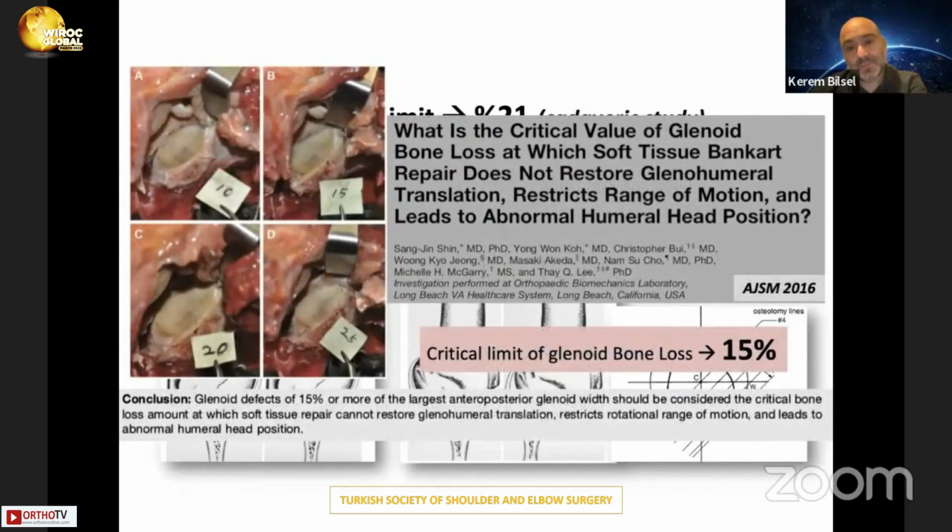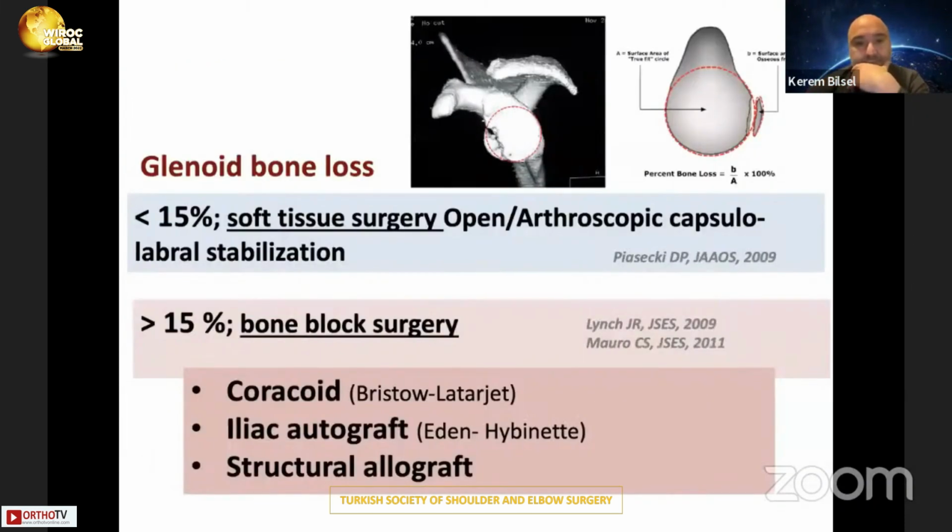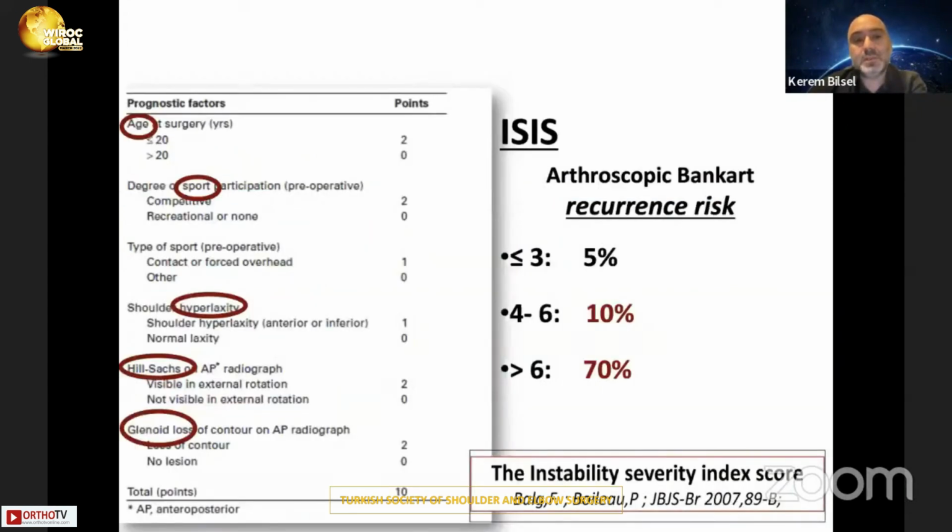But we know that in recent studies, the critical limit of glenoid bone loss is now 15, and as Ghazi mentioned, it's now about 13%. So if we have a bone loss lower than 15, we can go for the soft tissue procedure. But if we have more than 15% of bone loss in the glenoid, we will choose the bone block surgeries.